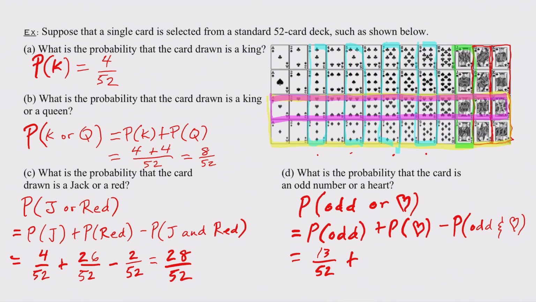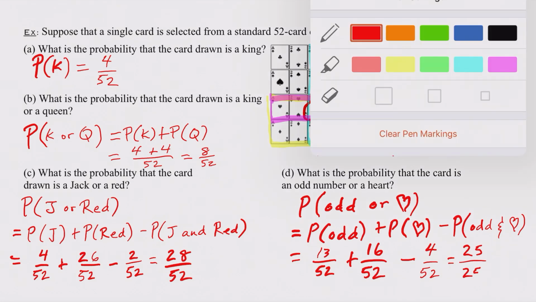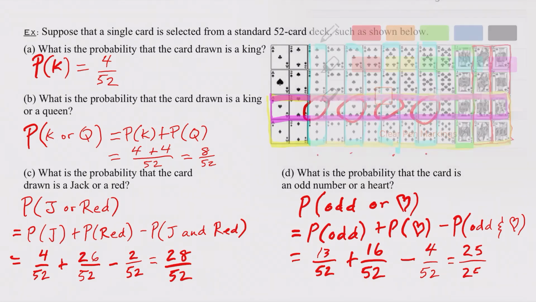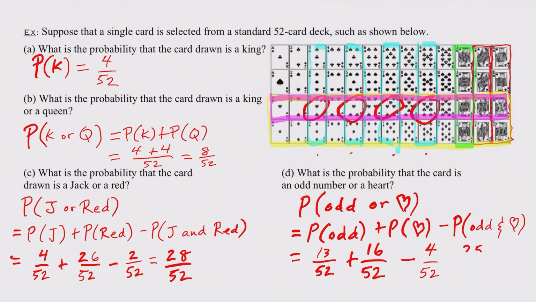And then cards that are both odd and heart, well, we've got the 3 of hearts, 5 of hearts, 7 of hearts, and 9 of hearts. So we'll subtract 4 out of 52 for those. Now summing this all together, I think we get 13 plus 16 minus 4 will be 25 out of 52.